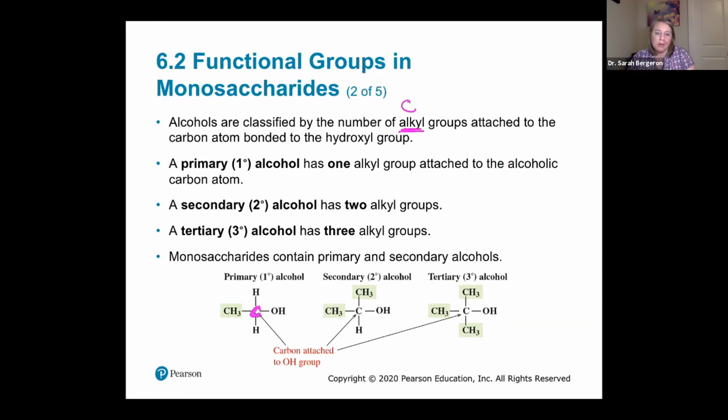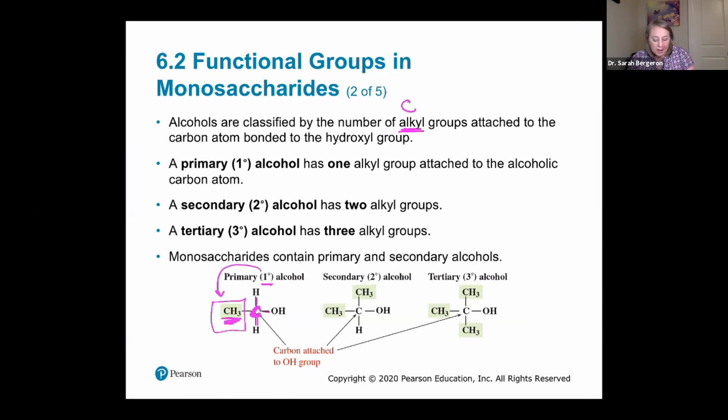And so we're going to look all around our center carbon. This center carbon has a hydrogen, a hydroxyl or an alcohol group, another hydrogen. Oh, now we got something with a carbon, right? So here we have one carbon attachment that makes it a primary alcohol. So it's always talking about the number of carbon groups that are attached to it.